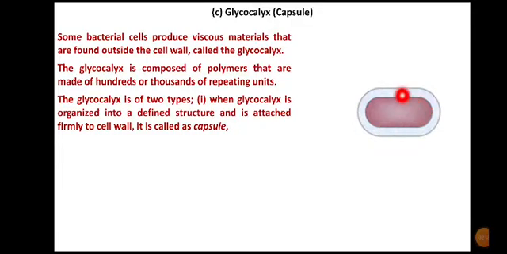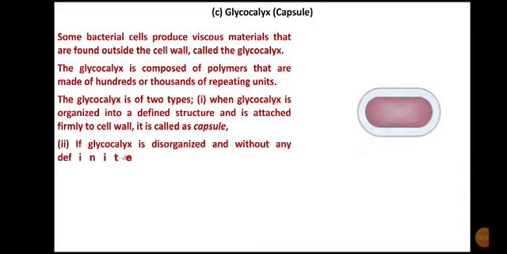This means the layer is firmly attached to the bacterial cell, and it is made up of a polymer that is regular, or organized in a proper, intact manner. So when the glycocalyx is organized in a defined structure attached firmly to the cell wall, it is called a capsule.